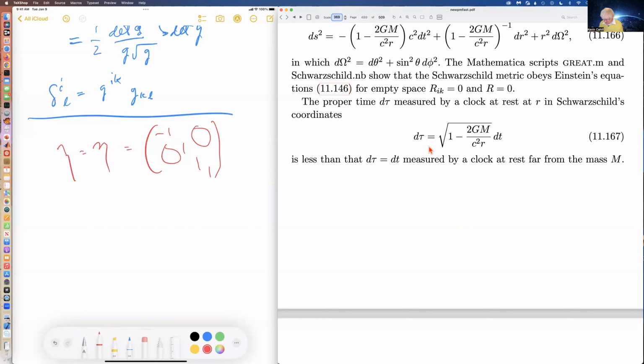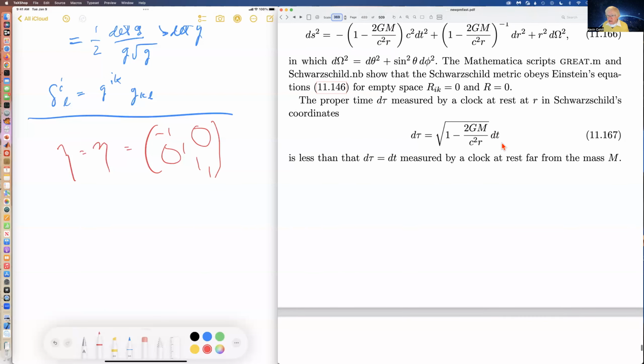And as you get close to the black hole, or what's called the Schwarzschild radius, where this quantity becomes unity, the time between ticks becomes infinite.